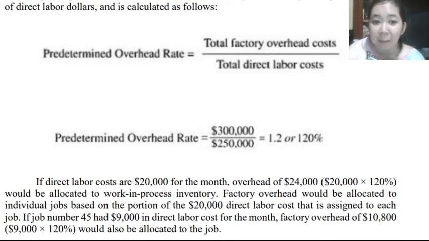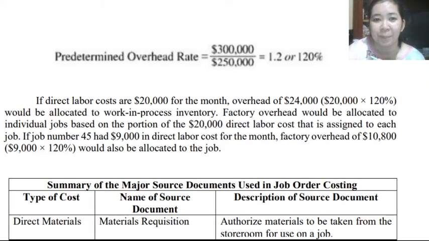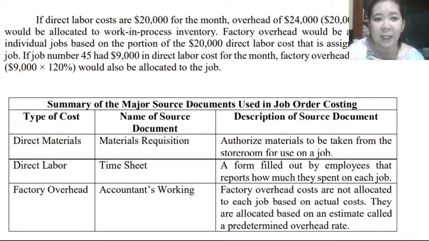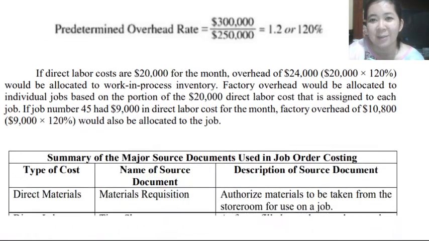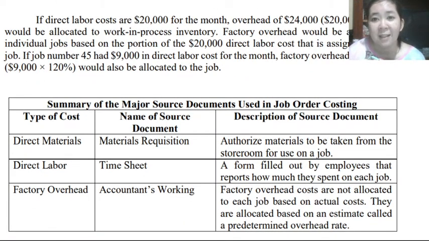And this will be the amount of overhead that we will allocate to the specific job. So we have here the summary of the source documents. By the way, in factory overhead, we can use the time ticket, because in there we can see the number of direct labor hours worked on the job, as well as the direct labor cost. So that can also be used as a source document for our factory overhead.